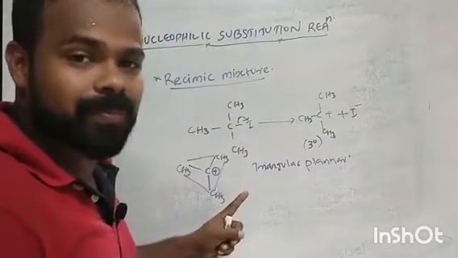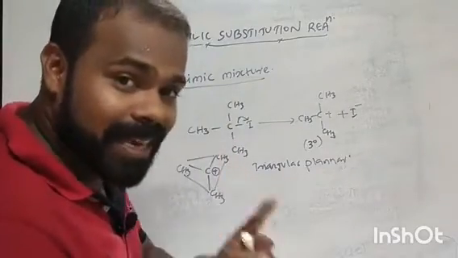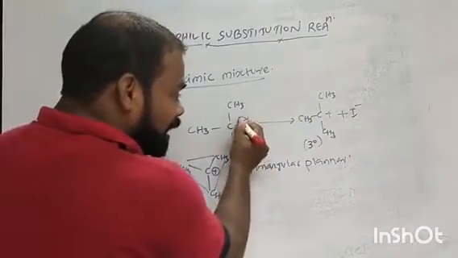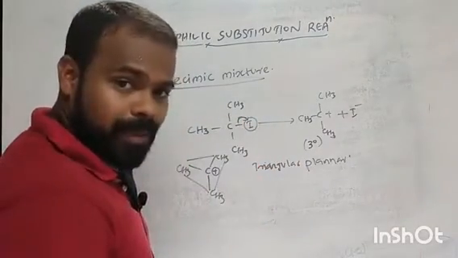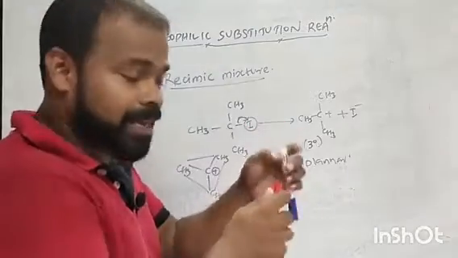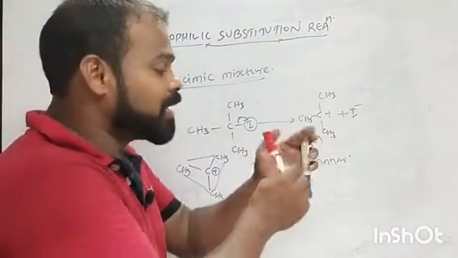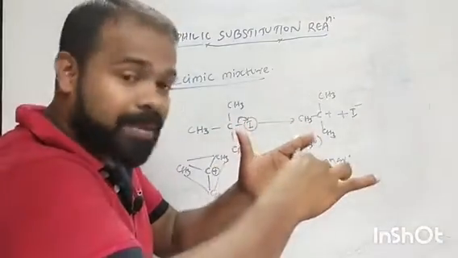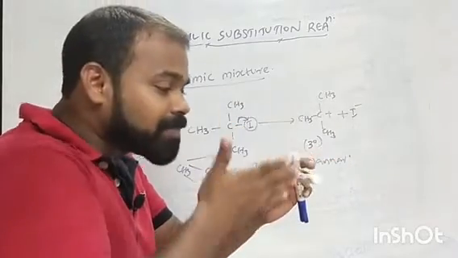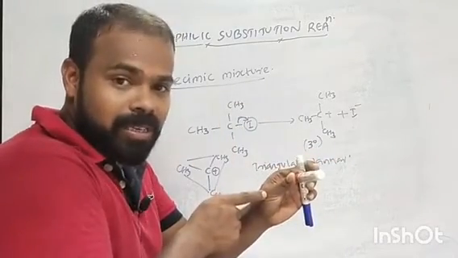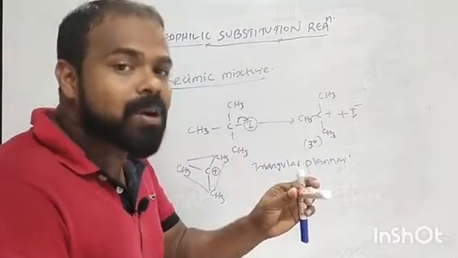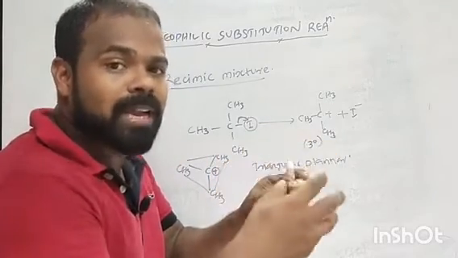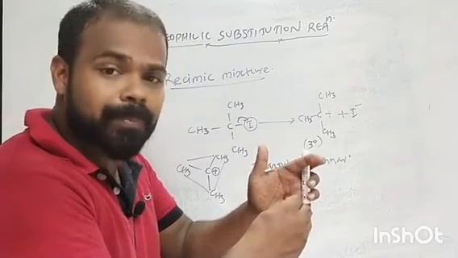In this trigonal planar structure, listen very carefully. In the RX form, iodine will be on the right side, that means this side. You can assume the front side. Iodine will be here, with CH3. When I remove that iodine, the carbocation is produced. Now the carbocation shape will be trigonal planar. Now the incoming nucleophile is able to attach on the front side.